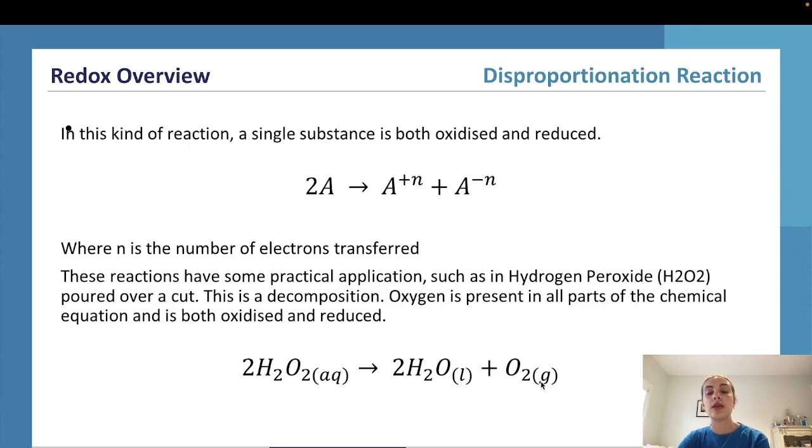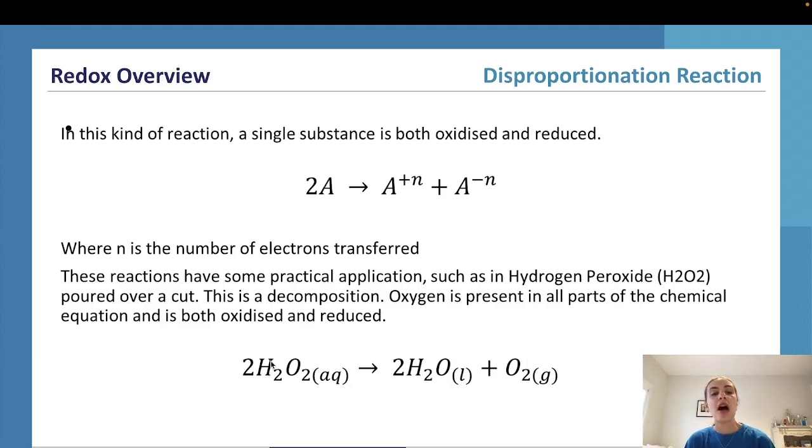Then when we look at O2 here, O2 follows rule 1, where each oxygen atom is going to have an oxidation number of 0, and the entire compound is going to have an oxidation number of 0, because it's entirely made up of only one type of element. So in that case, we're going from minus 1 to 0, so that's a loss of 1 electron.